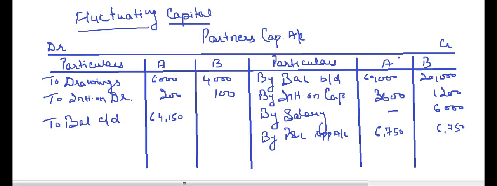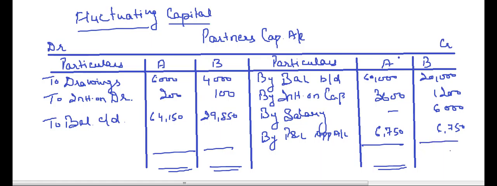And in B, we have a balance of 29,850. Clear? So that completes our capital accounts under the fixed method and under the fluctuating capital method.